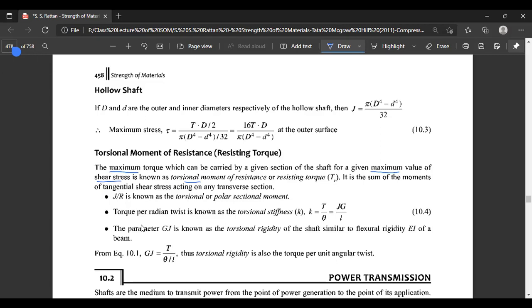The parameter G into J is known as the torsional rigidity of the shaft, similar to flexural rigidity EI of a beam.